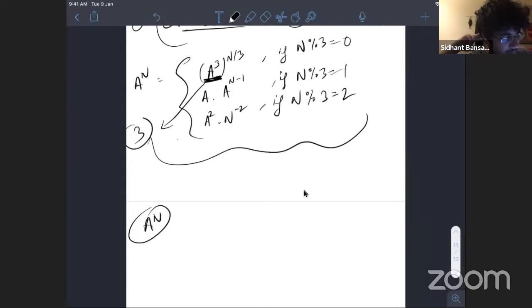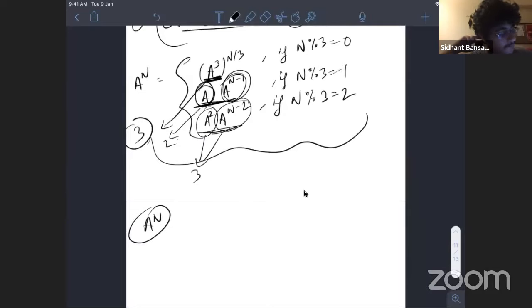In this case you are doing 1 multiplication, so 2 multiplications. Yeah, so it's a to the n minus 2. You're doing 2 multiplications and 1 multiplication, so 3 multiplications, right?